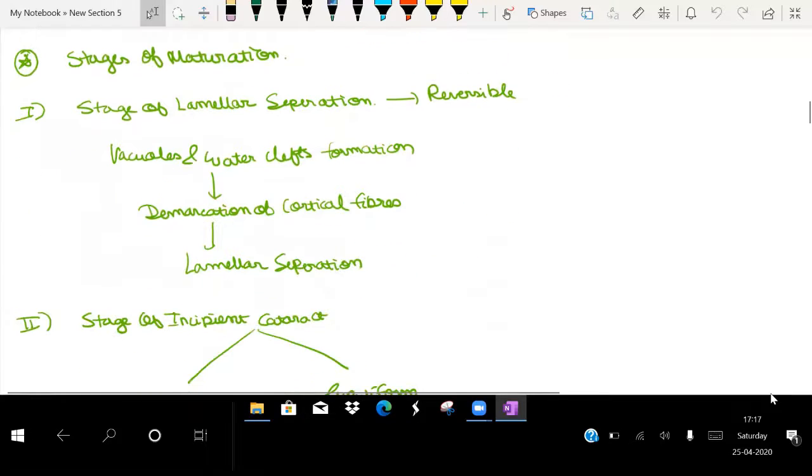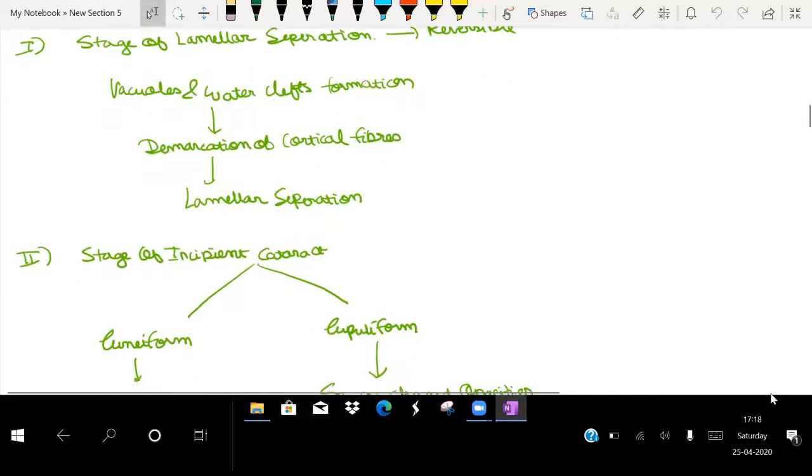When you talk about the senile cataract, we always talk about the stages of maturation, which involves the stage of lamellar separation. This is the first stage, therefore it is a reversible stage. Because of the overhydration, there is formation of smaller vacuoles and water clefts between the fibers, leading to demarcation of the cortical fibers and lamellar separation.